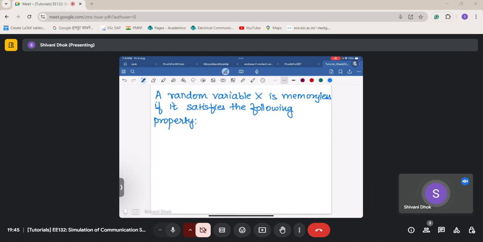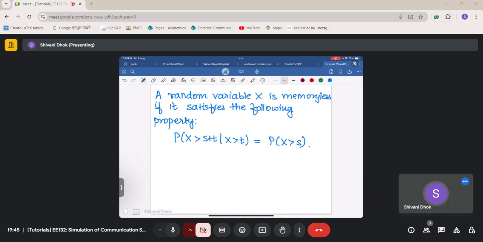Okay, so what is the property? Probability that x greater than s plus t conditioned on x greater than t. If this is equal to probability that x is greater than s, then such a random variable is known as a memoryless random variable, memoryless distribution.